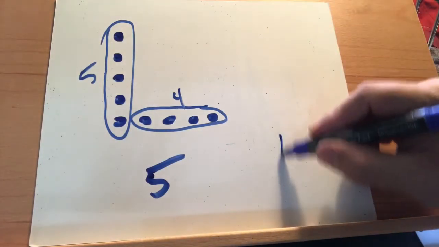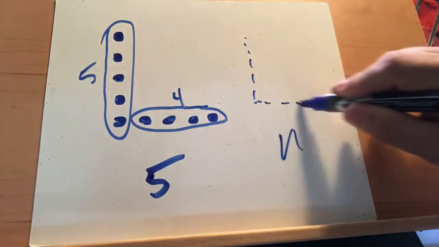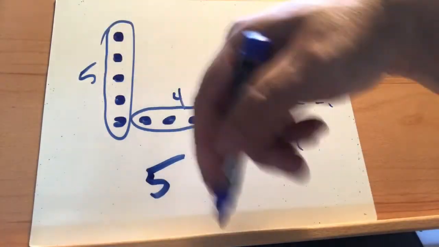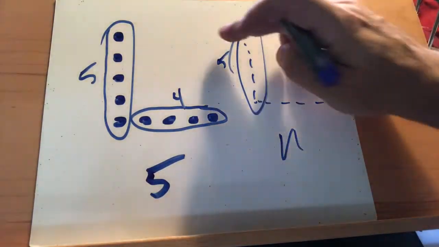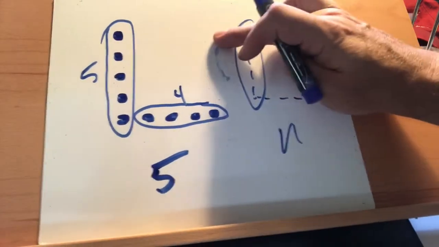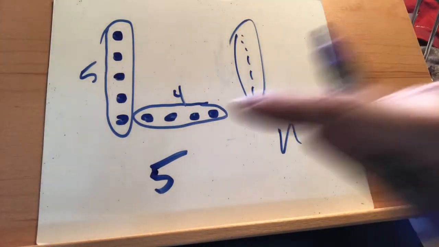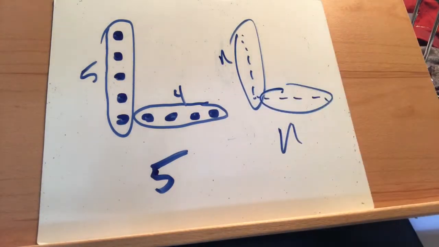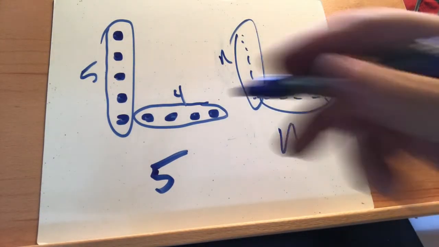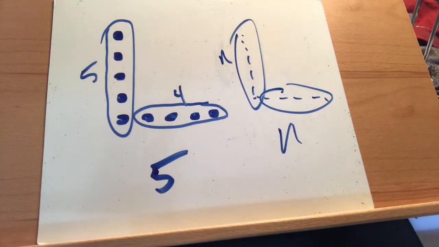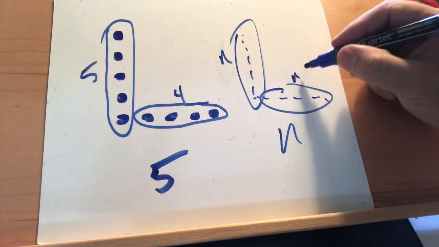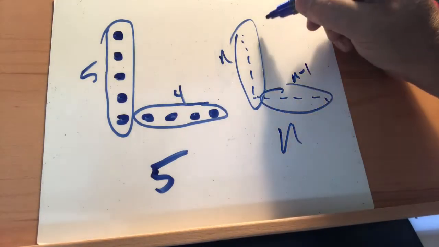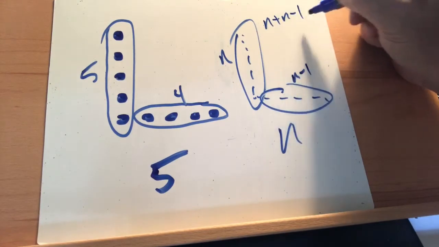So, here's our figure n. What's that going to be? It's going to be the same as the figure number. And the figure number is no longer 5. The figure number is n. And that's 1 less than n. How do we write 1 less than n? So that's n plus n minus 1.